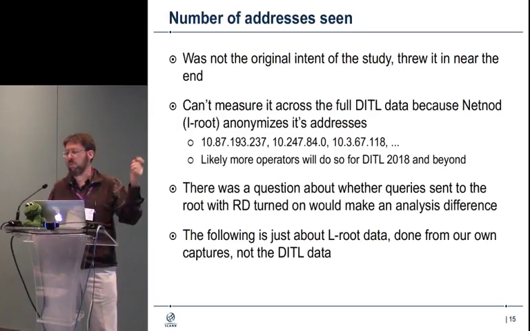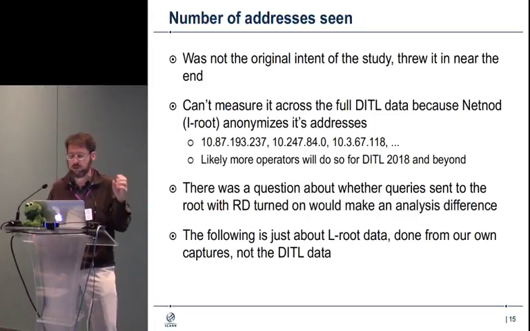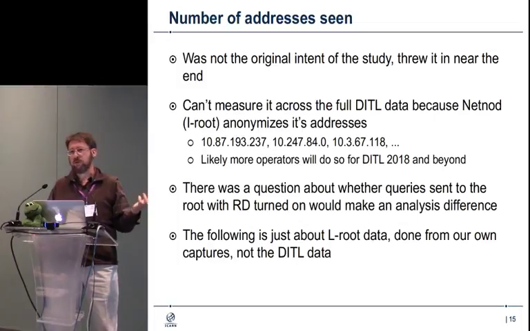Now, as a diversion, since I was able to collect this, and this is my last bit, we hear some things about 4 million addresses seen and such like that. This was not why I had started doing this, but since I had the data and the boxes, I thought, let's do some real counts on numbers of addresses seen.